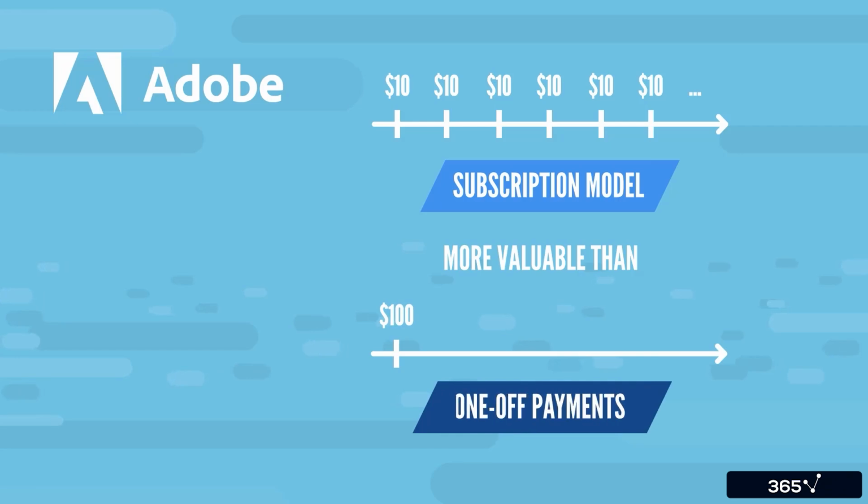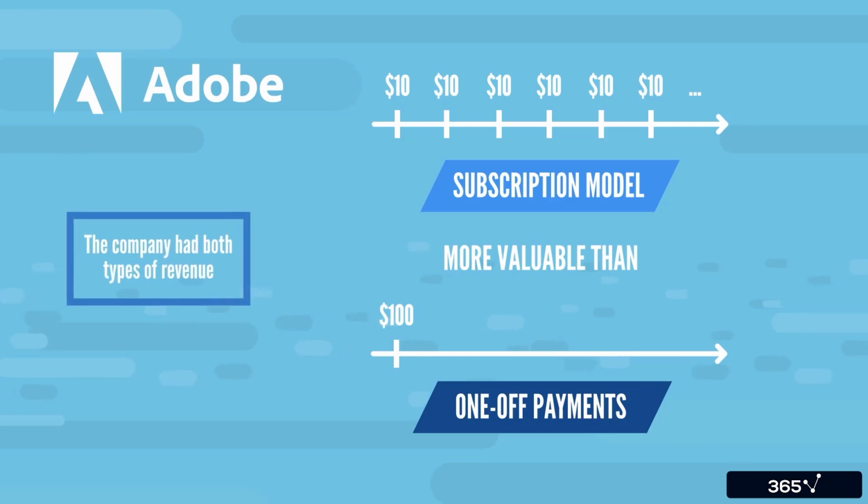Over time, subscription revenues proved to be more valuable compared to one-off revenues because they tend to recur with much greater frequency and are easier to predict. At the same time, Adobe continued to sell some of its products with the traditional one-off sales model, according to which the client does not have to make recurrent payments.